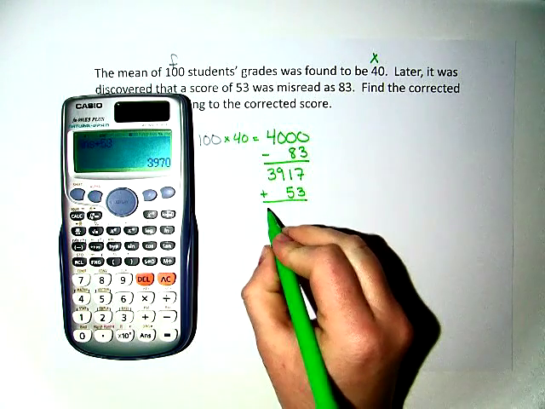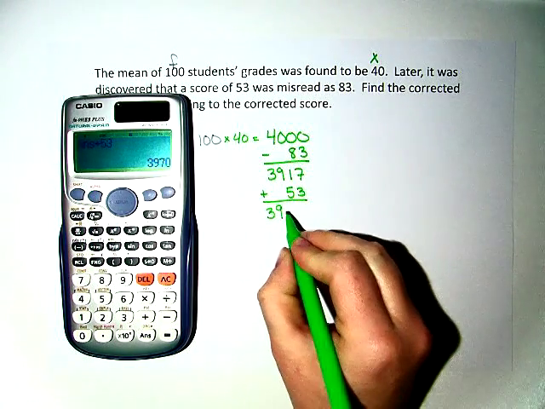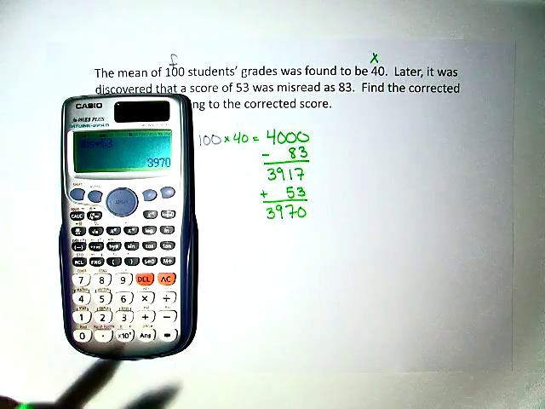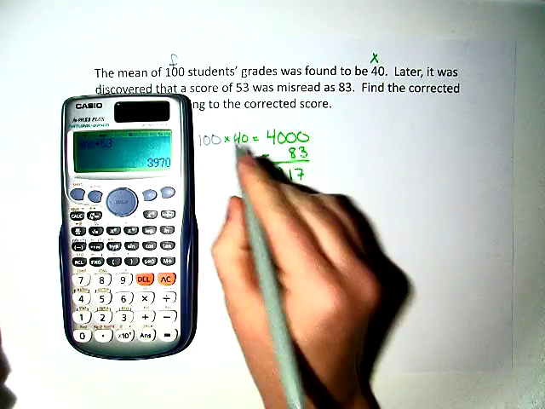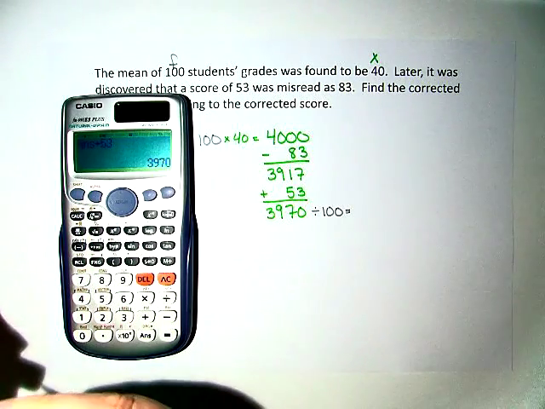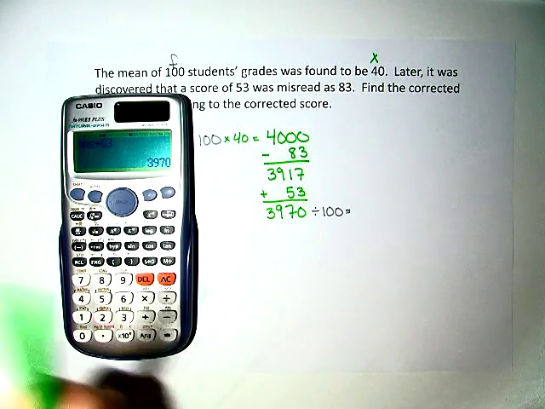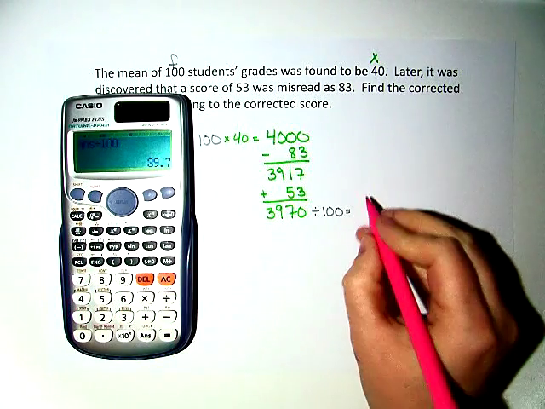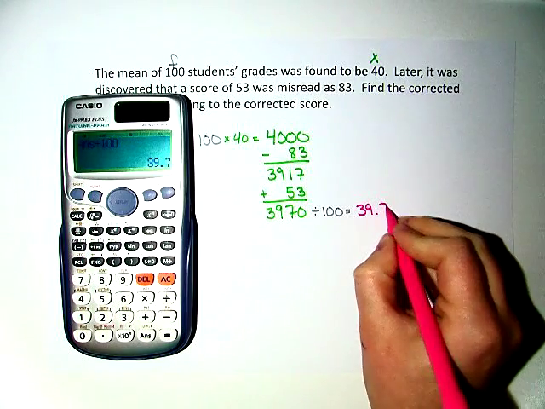And that shows that they all scored 3,970. So now we need to divide by our frequency. So we started by multiplying. We're now going to divide by the 100 students. And we get that the corrected mean is 39.7.